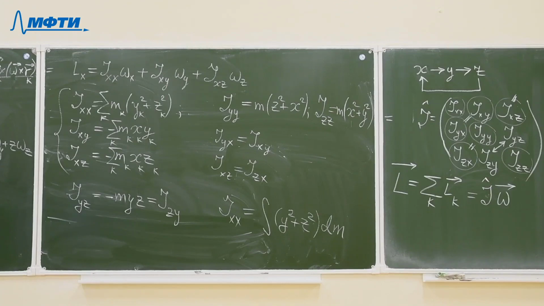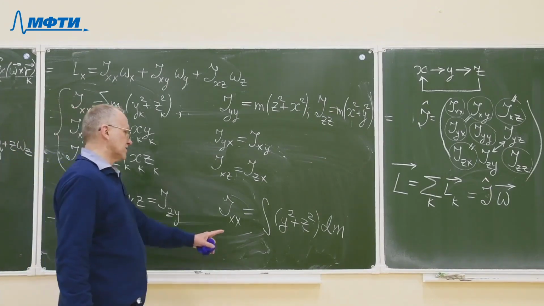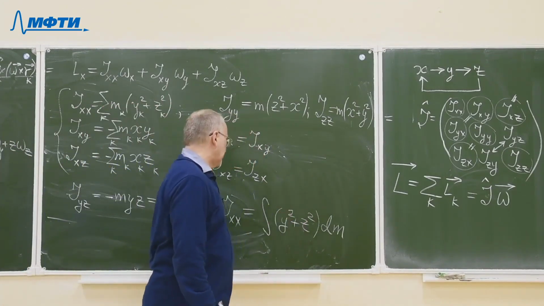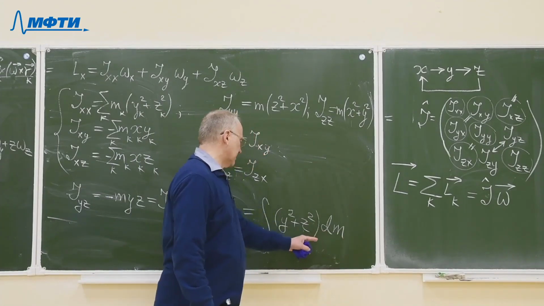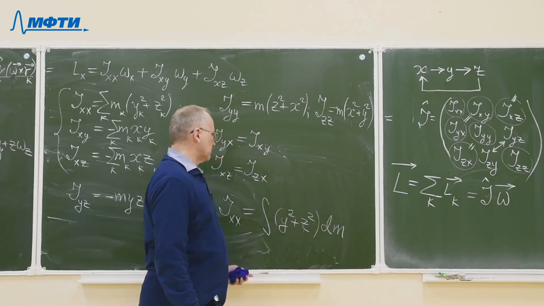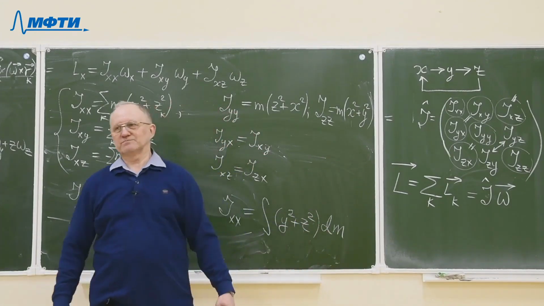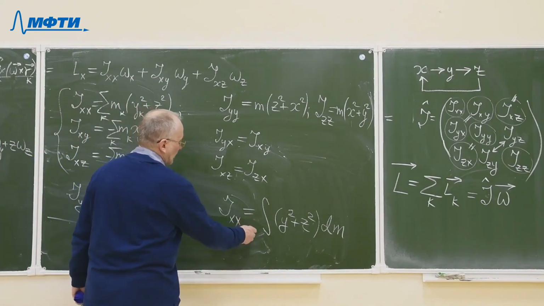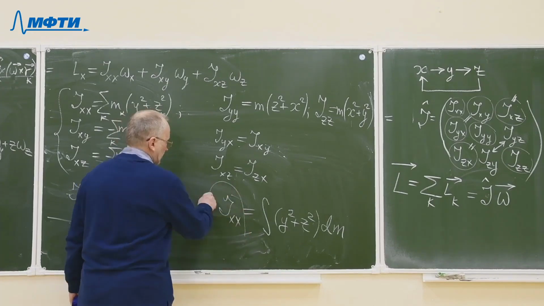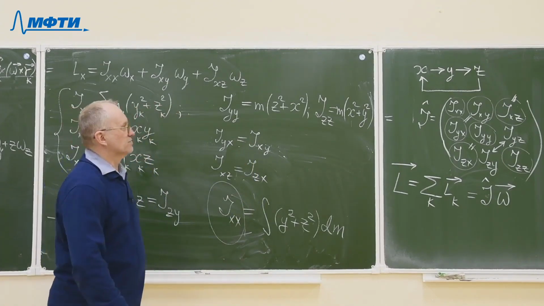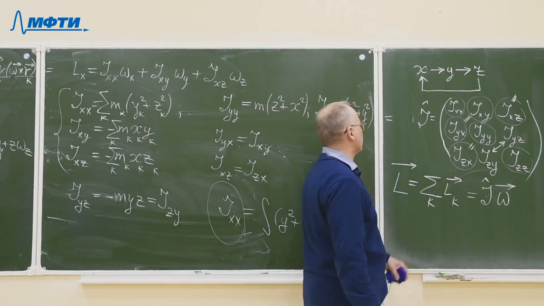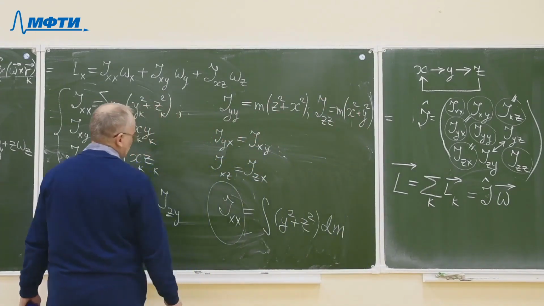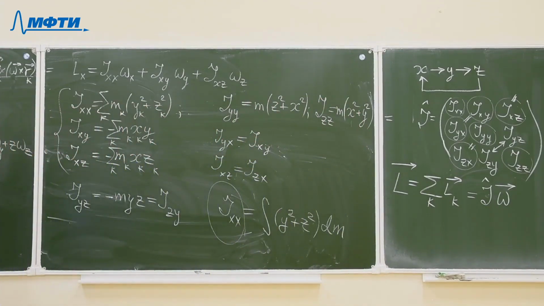For each particular problem, that integral will take its own form, because dm will depend in a different way on these coordinates for each particular solid body. So each element of the tensor of inertia will have quite a complicated form.